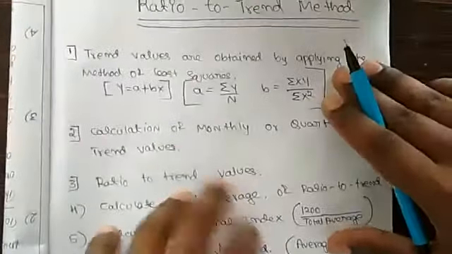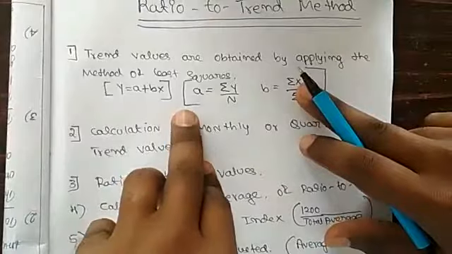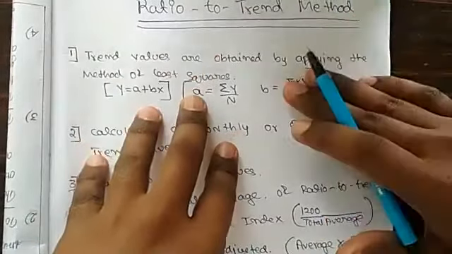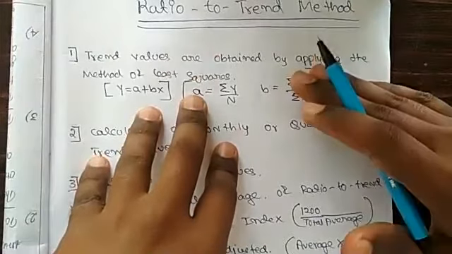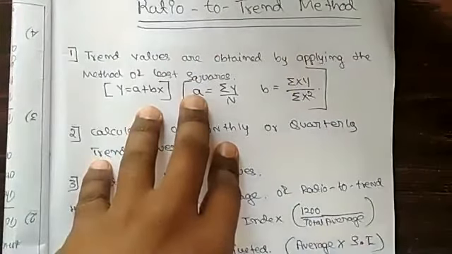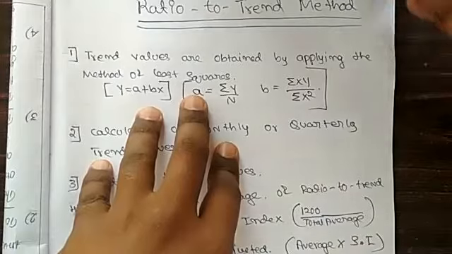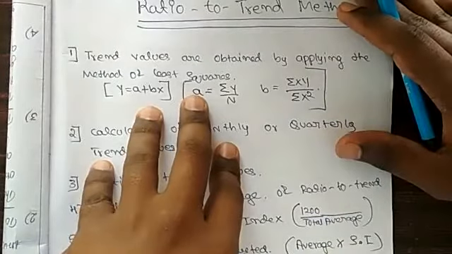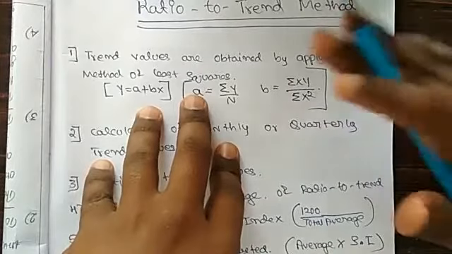While calculating trend values, first find the total actual values for the year, and with that find the trend values. You know that trend values can be calculated only for annual data.